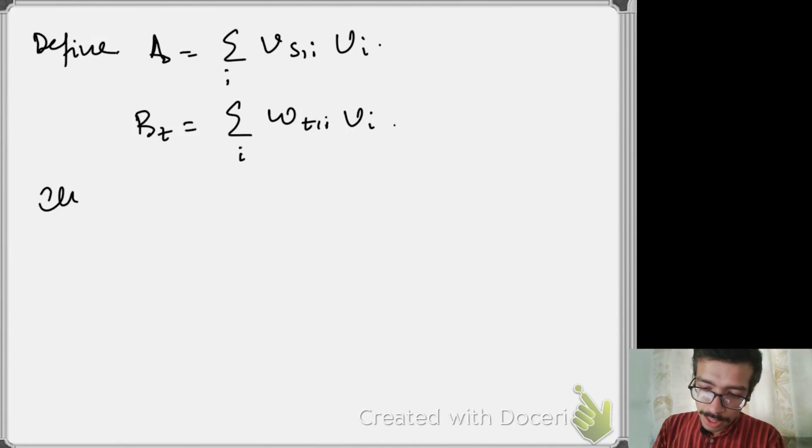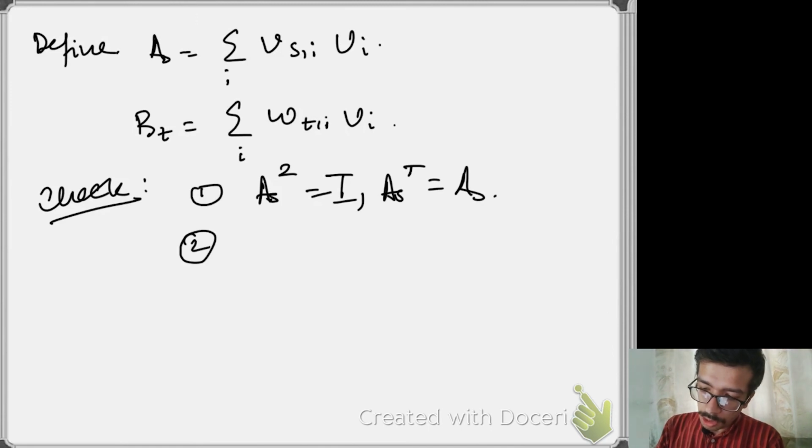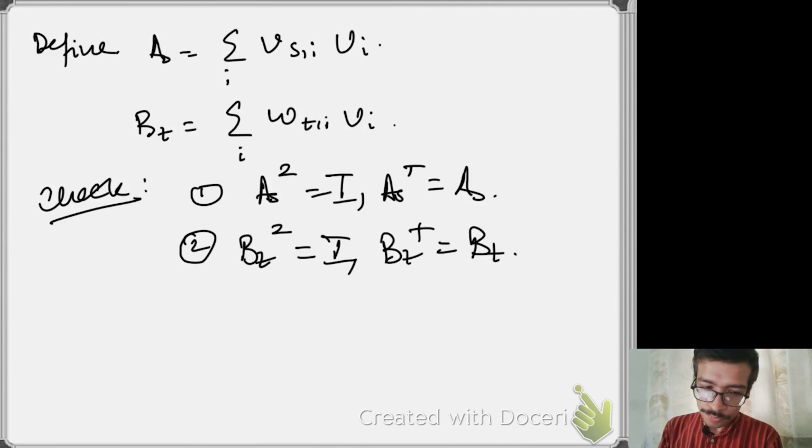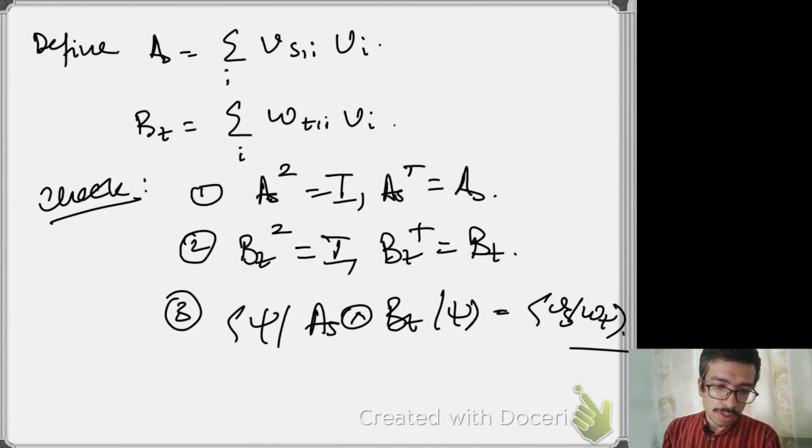So now we need to check that As is indeed a binary observable, Bt's are all binary observables, and thirdly psi sandwiching As tensor Bt, psi equals Vs dot Wt.